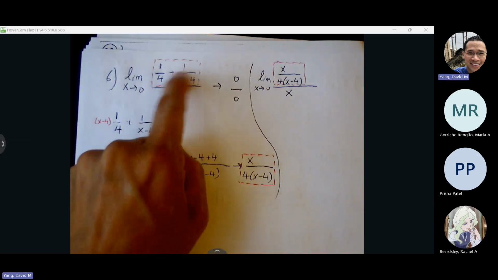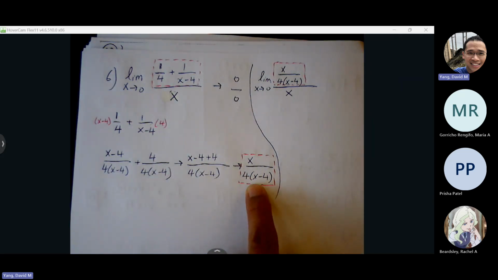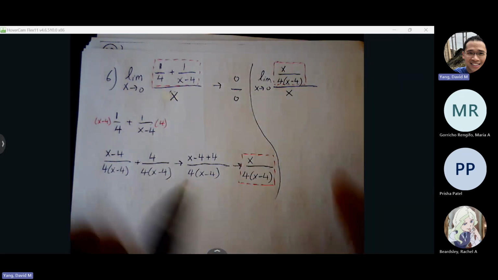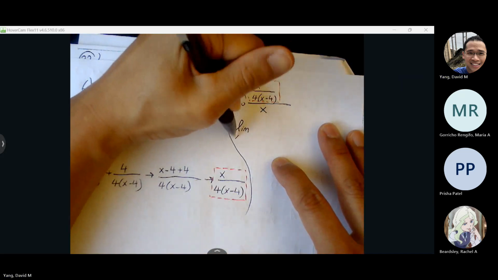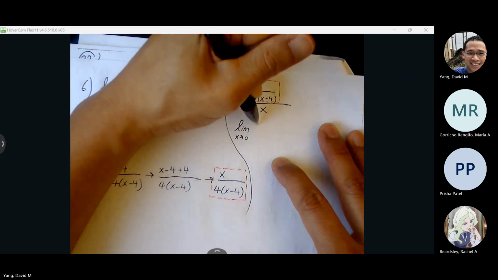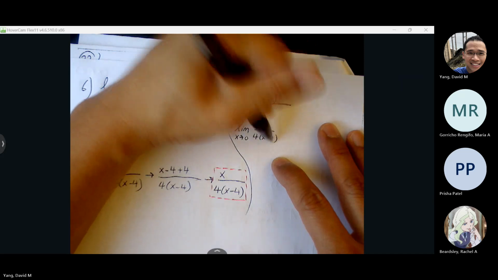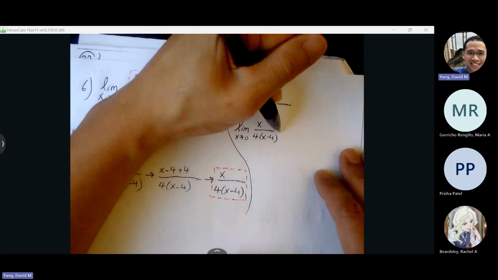And so my work was mainly just focusing on this, trying to get it down to one fraction. Once it's down to one fraction, now I can multiply by the reciprocal in hopes of pairing and canceling out the wholes. But this divided by x is the same thing as this multiplied by the reciprocal of x.